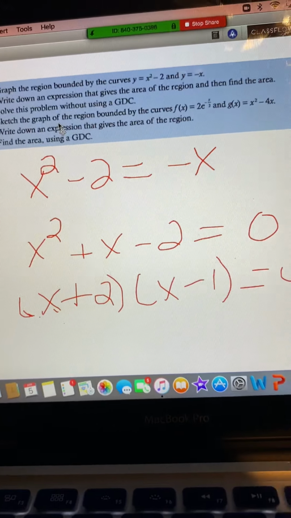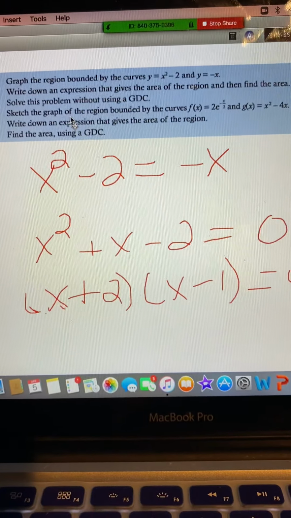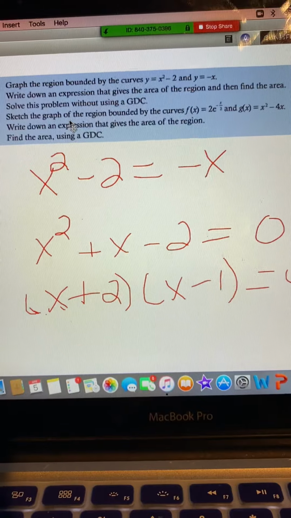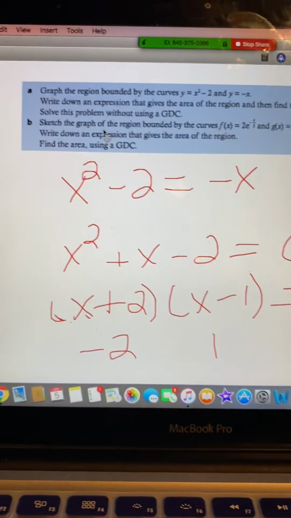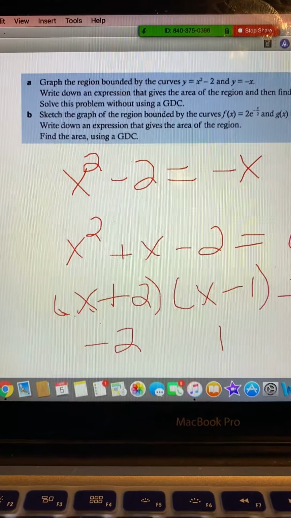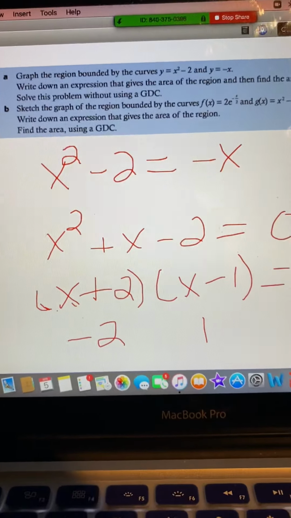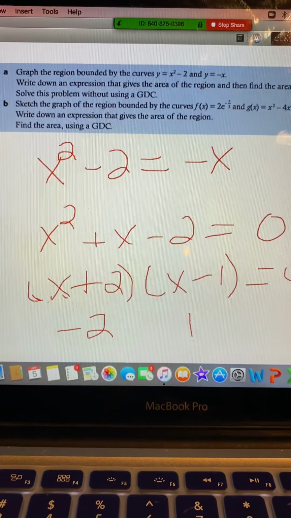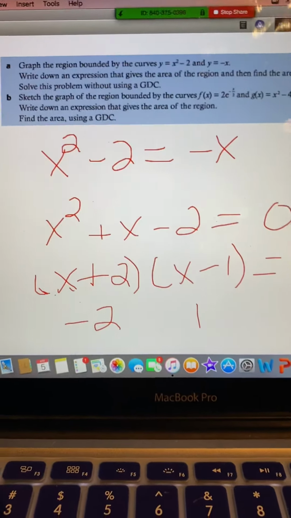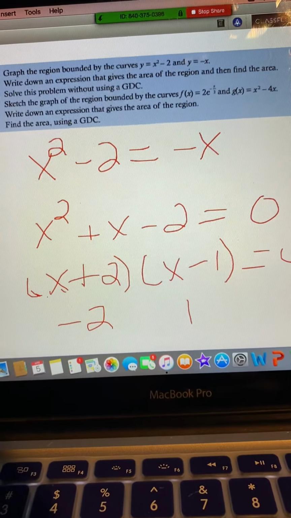Okay, so that's going to give me a value of negative 2 and positive 1. So that curve that we had a minute ago that I just deleted, I should have minimized, is going to intersect at negative 2 and 1. Now that's important because those are going to be our boundaries. So let me clear here.